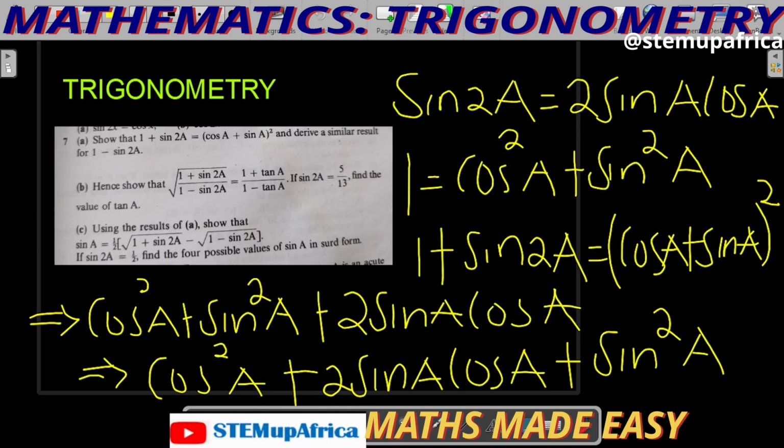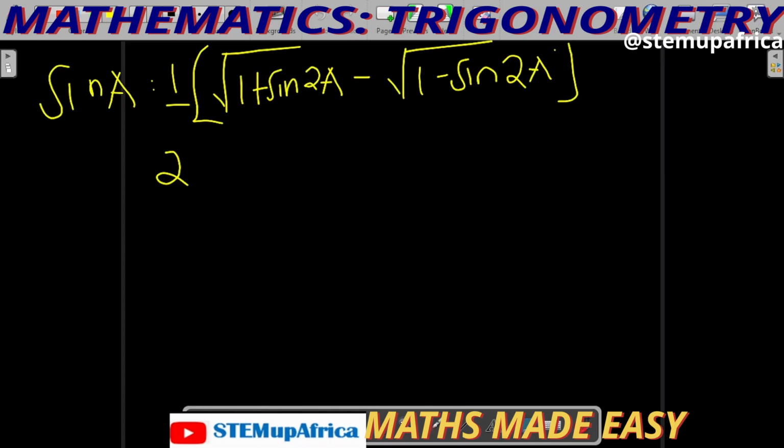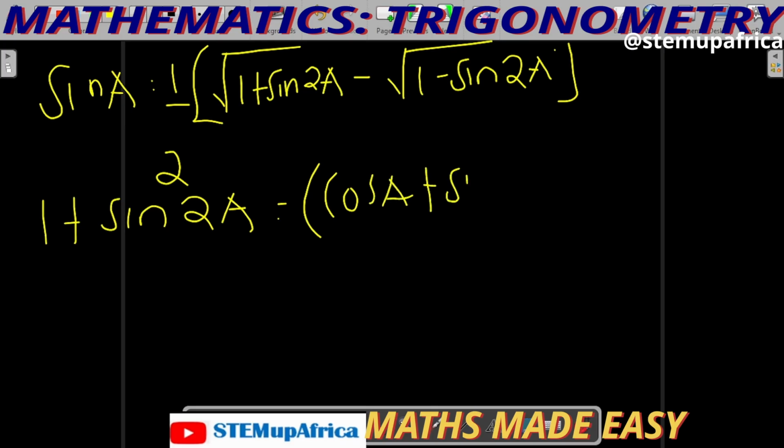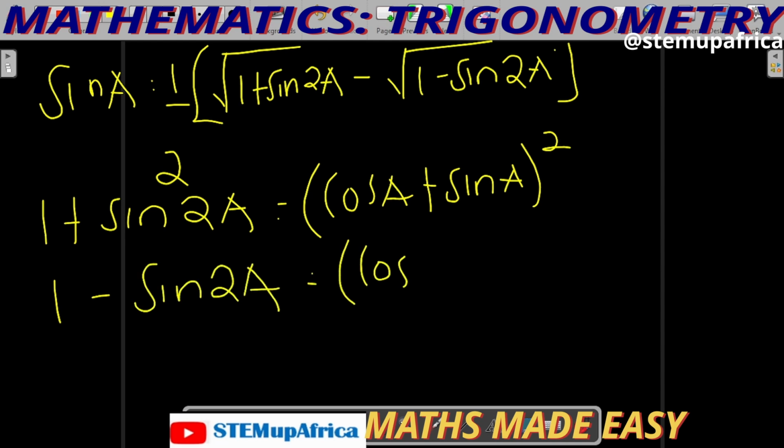What's the value of what they gave us from A. From A, we are told that 1 plus sine 2A, we got cos A plus sine A all squared, and 1 minus sine 2A, we got cos A minus sine A all squared. So what happens if I make cos A plus sine A the subject?